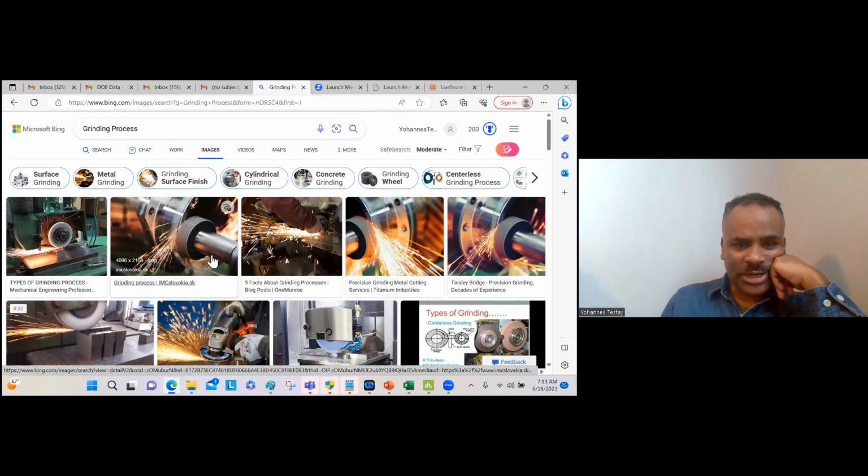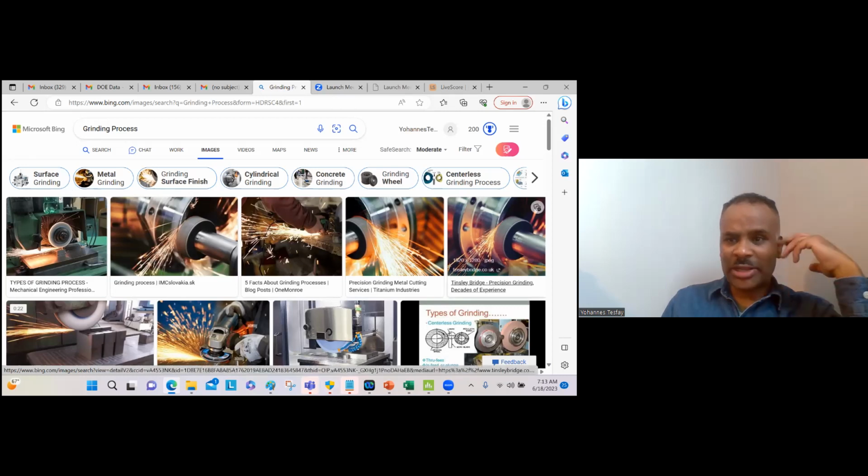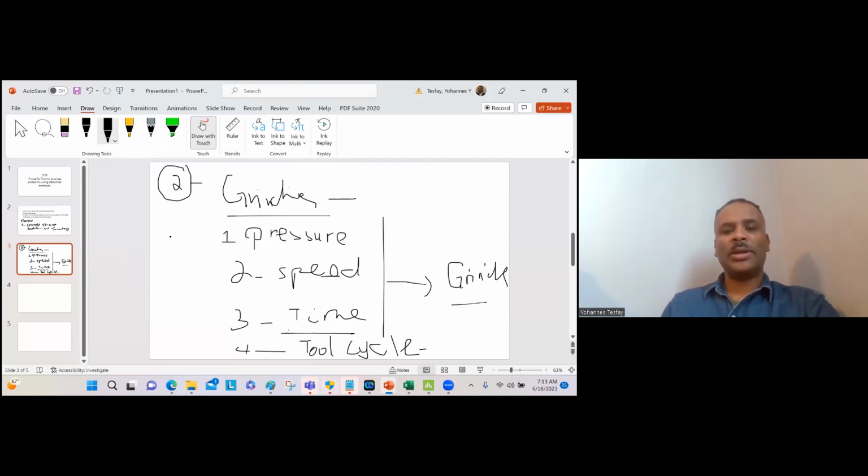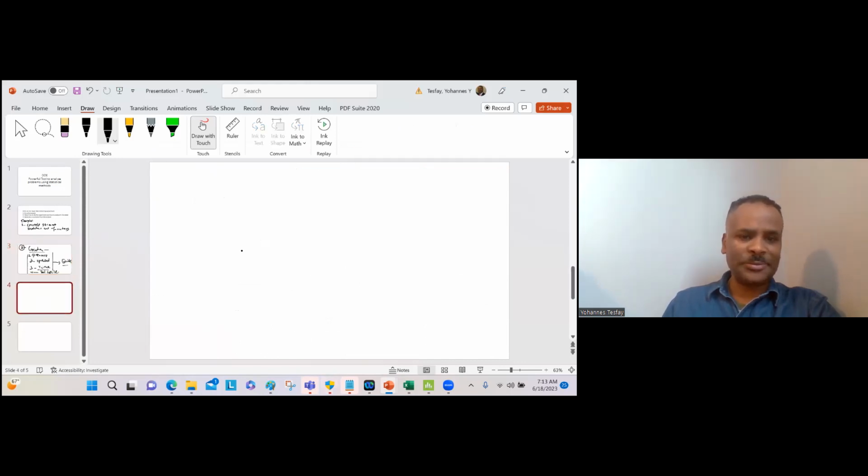The third one is the cycle time, how much time you grind this surface using the grinder. Tool cycle is another factor that you consider. So that's grinding.